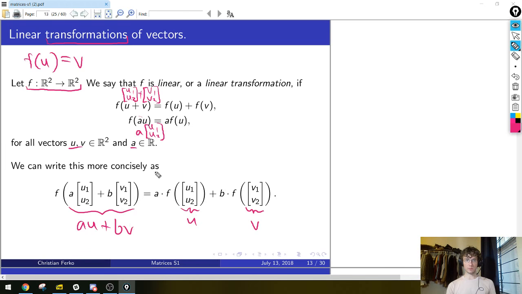A different way of writing the same thing, but just making the column vectors explicit. Okay, so is it clear that this is the natural generalization of the definition of linear we had before?